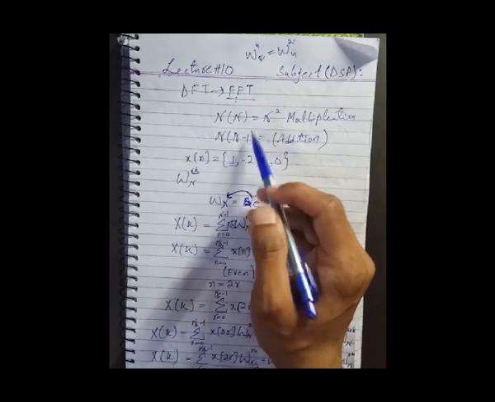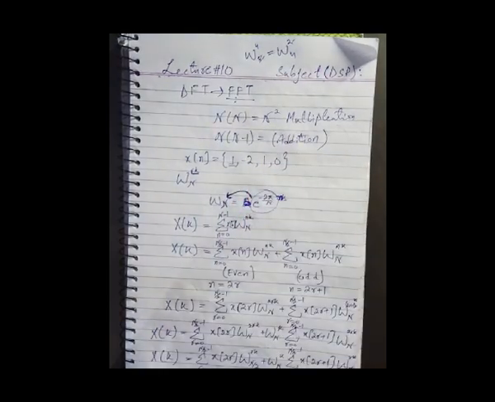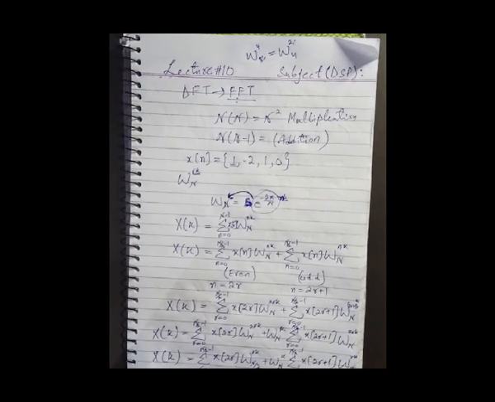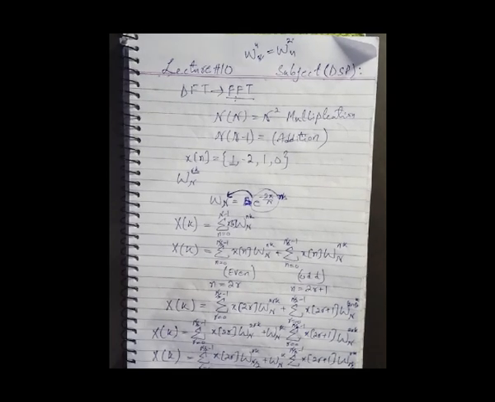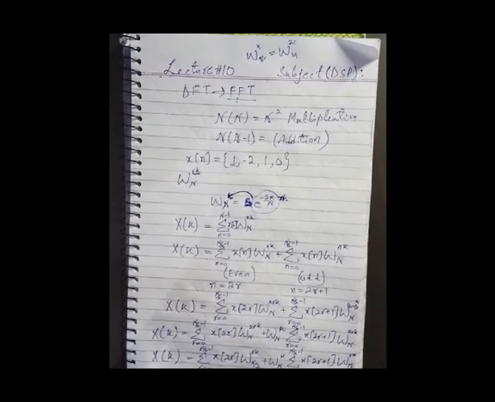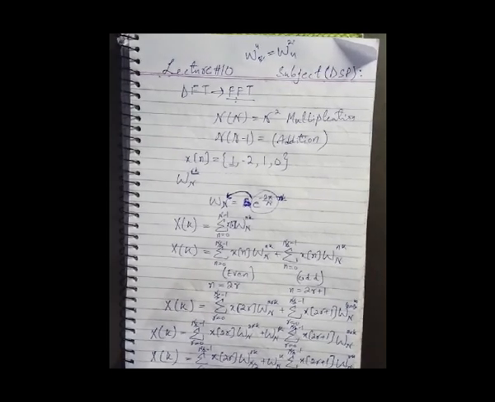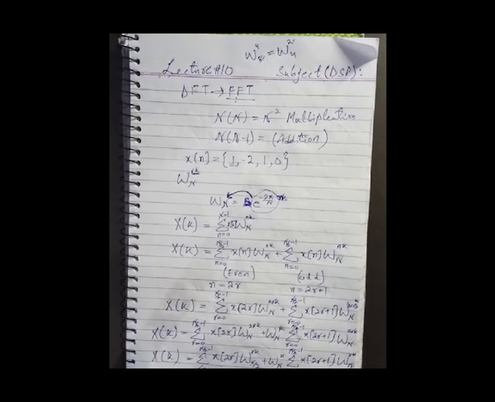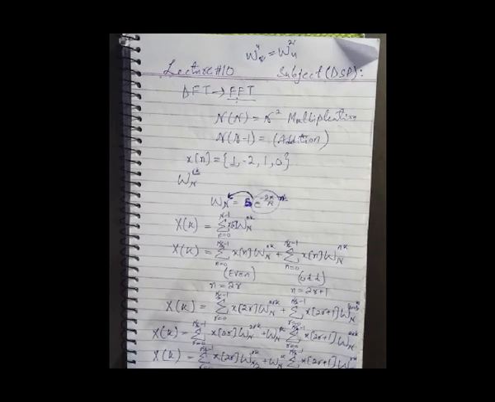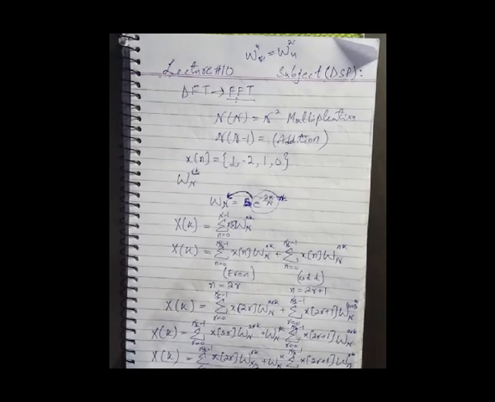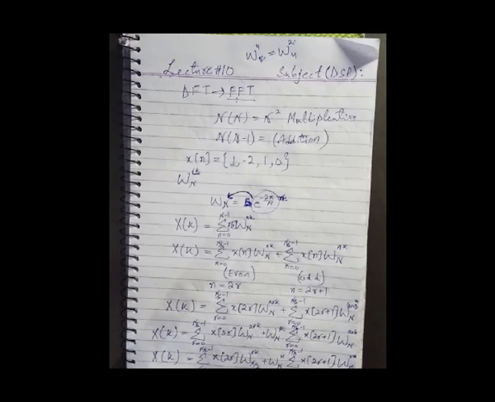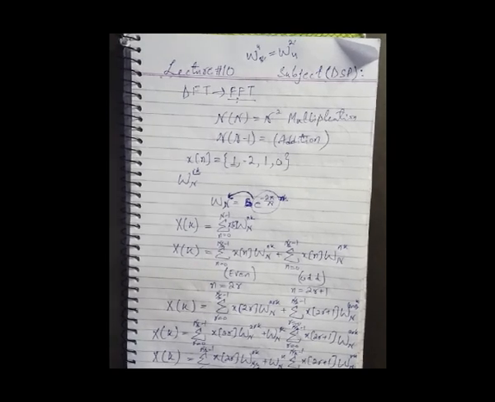In DFT, the multiplication was N squared, and now converting into this form, we have the formula for multiplication equal to N by 2 into log N. So if we put the value of N here, we will get 8 by 2 into log 8.